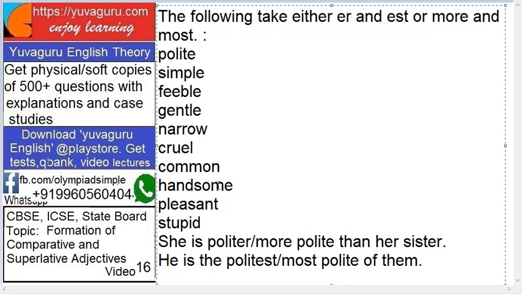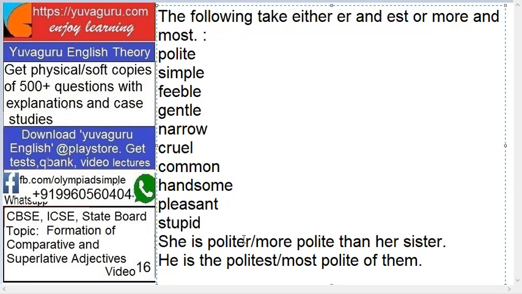More handsome, most handsome. Similarly, pleasant, pleasanter, pleasantest. More pleasant, most pleasant. Stupid, stupider, stupidest. More stupid, most stupid. So, these words carry either er and est or more or most, anything.